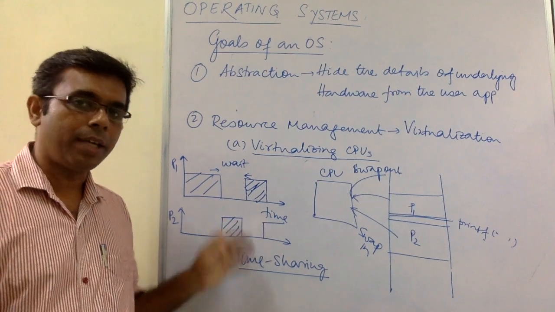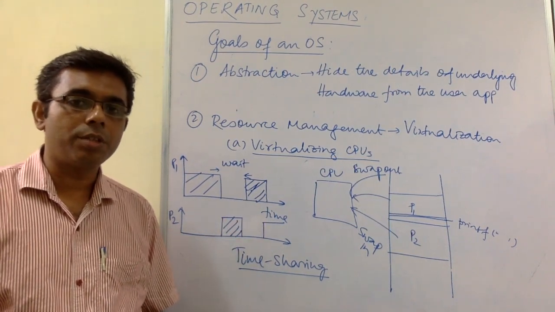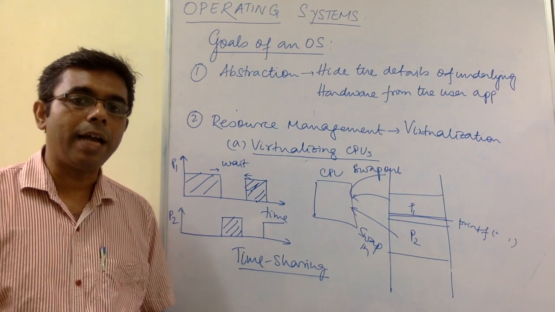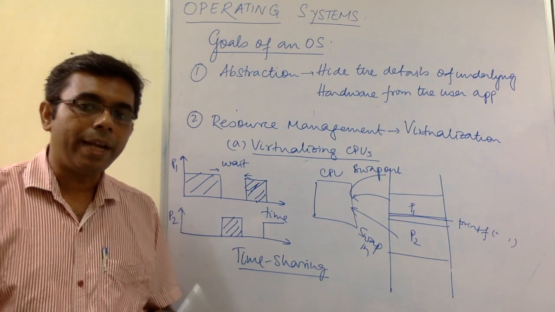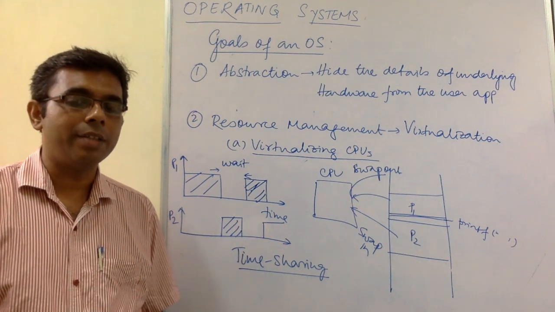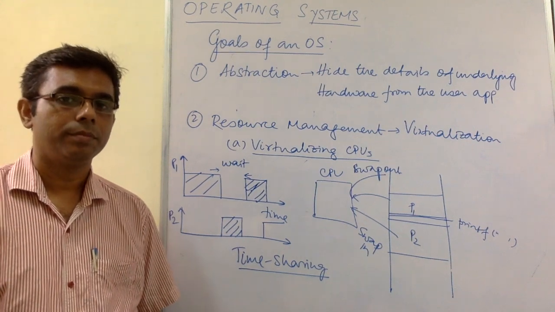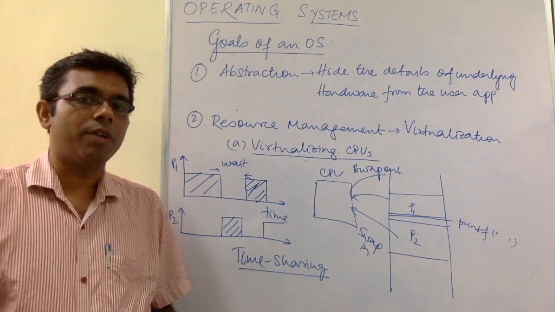And if this switching time is very fast, then the processes or the programs feel that they are running for their entire duration on the CPU. They don't understand that they were taken out and the other processes were executed during this time. Okay. This is the virtualization.